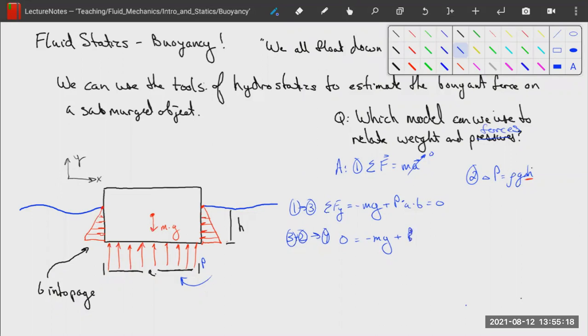So instead of P, we're going to have rho gh AB. Cool. And then we're done basically, right? We end up with mg is equal to rho g, and then this is actually the volume submerged of the object. Volume submerged. So we're going to say that right here, volume submerged.